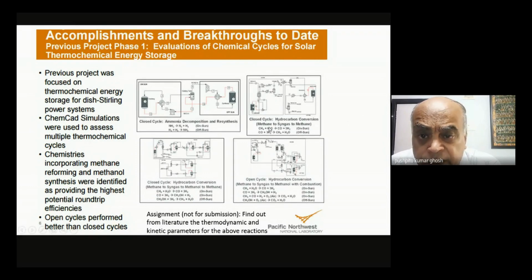I can take methane, and this is what we call steam reforming, where you take methane plus water and you form carbon monoxide plus hydrogen, right? Now, this requires a lot of energy.